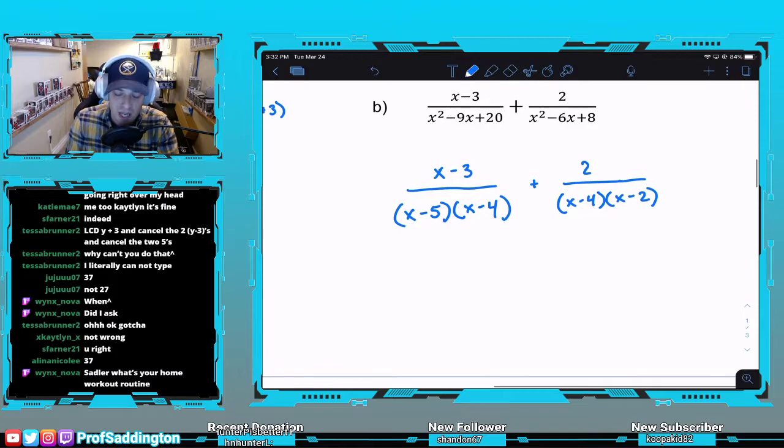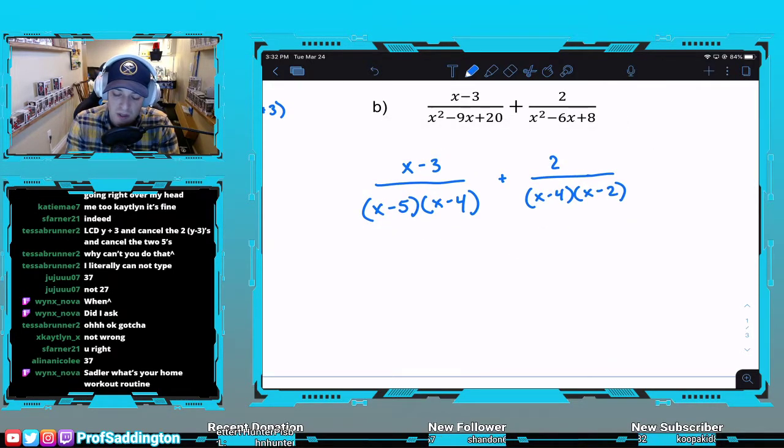So again, our goal is to get an LCD. So when we go to do the LCD in this one, I already know that x minus 4 is in both of them. So one of my LCDs has to be x minus 4 because it's already there. I had it here and I had it here. Now all I'm doing is writing what else needs to be in that denominator.